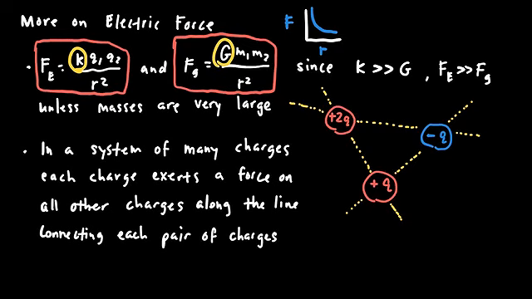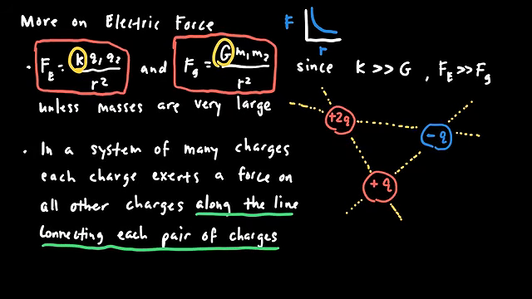Also, I'd like to show that if I have a system of charges, so on the right I drew 3 different charges that are near one another, and maybe they're all the same distance apart. In a system of many charges, each one of those charges will exert a force on each of the other charges. And another point about Coulomb's law is that those forces are exerted along the line connecting each pair of the charges.